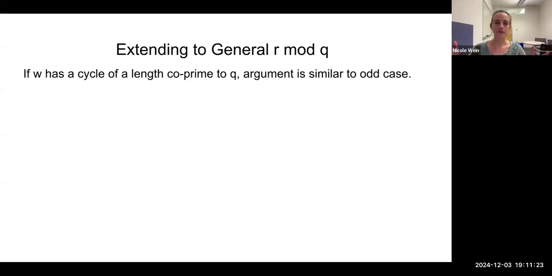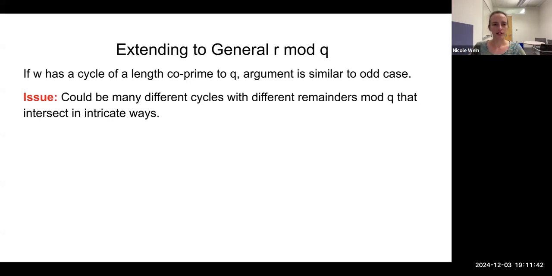I can do that for free. And because this allows me to reach all of the possible remainders, since it's co-prime to Q, this allows me to significantly simplify the structure of the rest of the walk in a similar way to what we did in the odd case.